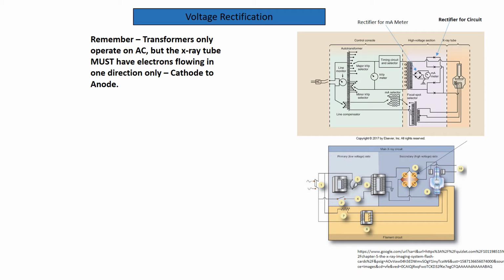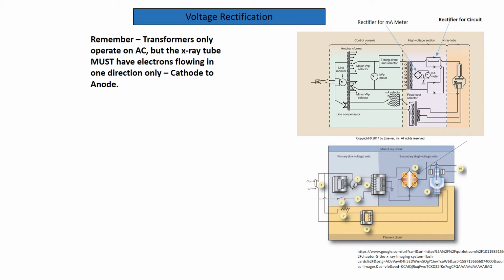So I want you to look at this. Look at where the incoming power is. That's all the way on these drawings on the left. What's all the way on the right-hand side is your X-ray tube. So if we think about this, the power company is going to give us power in the form of alternating current.